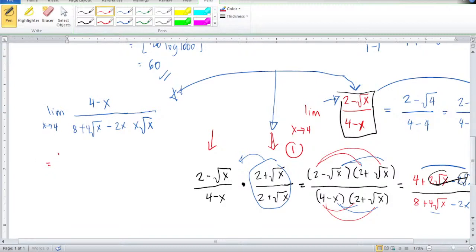Okay, so we have 4 minus 4 over 8 minus 8 plus 4 square root of 4 minus 2 times 4. How much is this? 2.